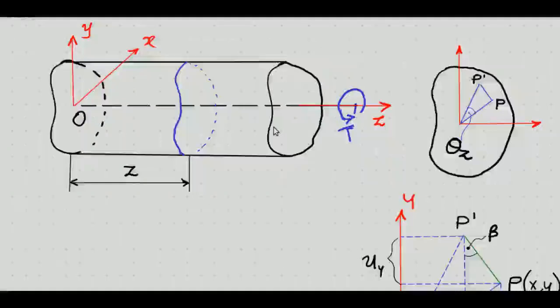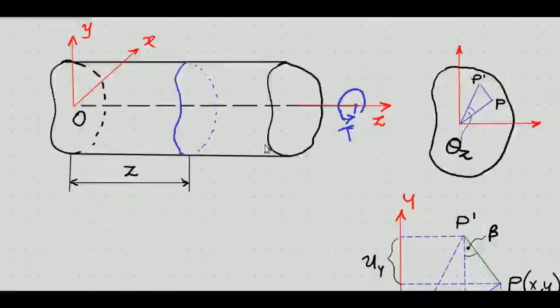Now we can consider the torsion of a non-circular section like this, and a torque T is applied at this end, and the x, y, z axes are shown like here. The z axis is the axis of twist, and due to this torque, according to Saint Venant's theory, the deformation will consist of two parts. The first is the rotation as in the case of circular sections. Here a point P is taken on a cross section at distance z from here.